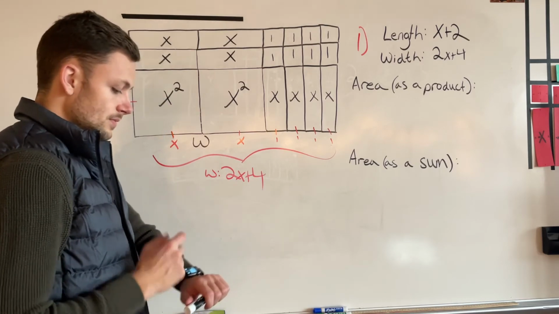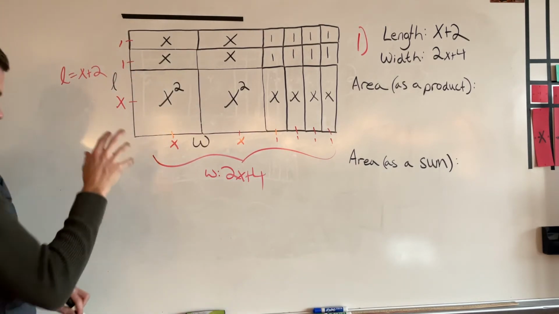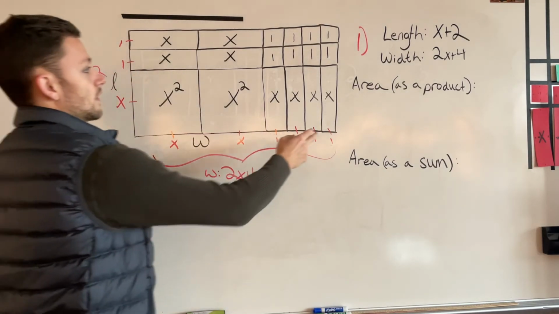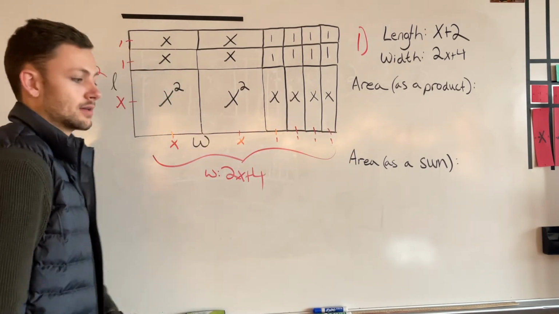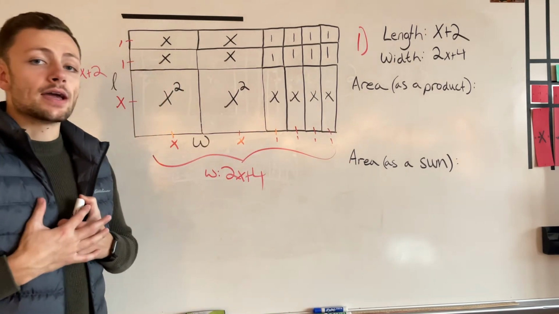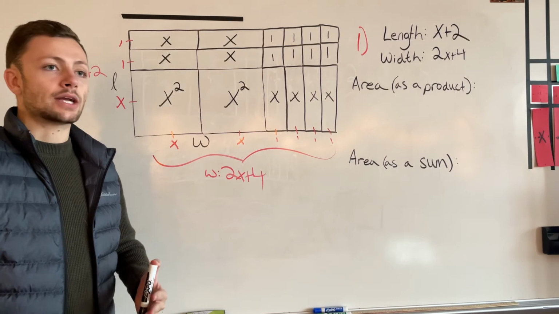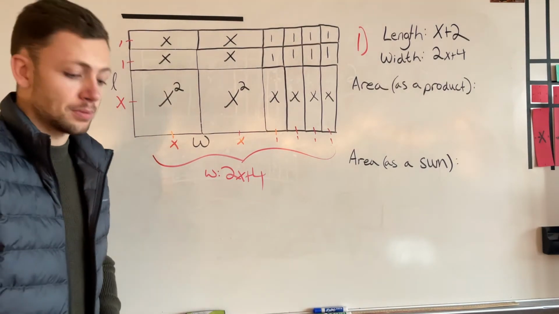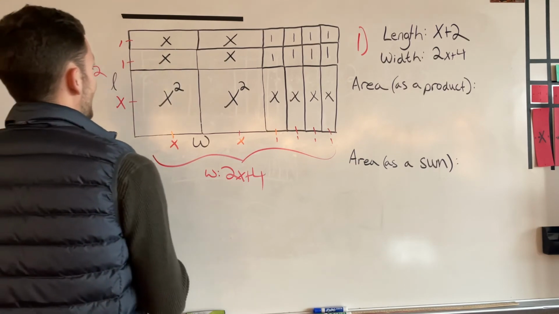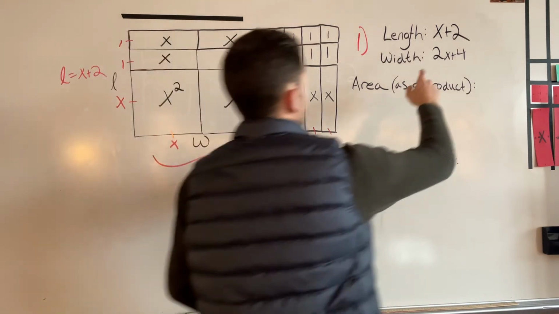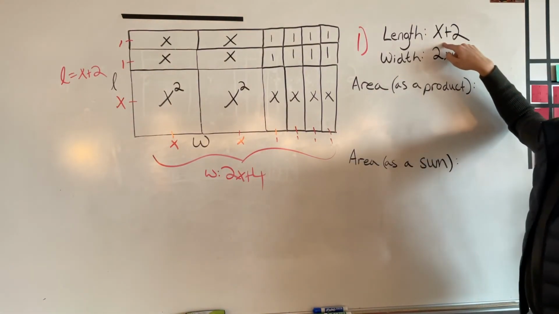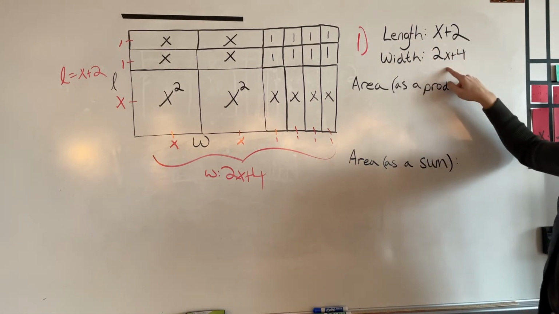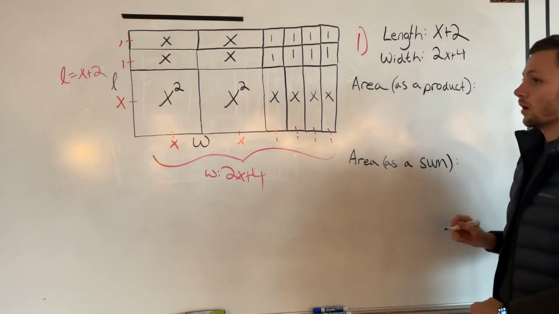So now that we have our length and our width, we need to find our area as a product. When I ask for your area as a product, I'm not asking you to actually multiply things. I'm asking you to show me the multiplication that's implied. So I know that my length is x plus 2, and my width is 2x plus 4.